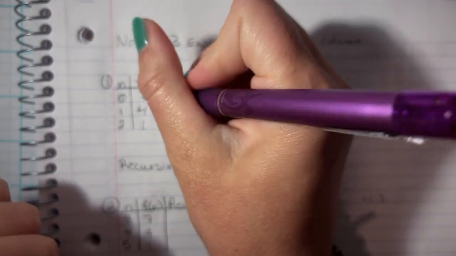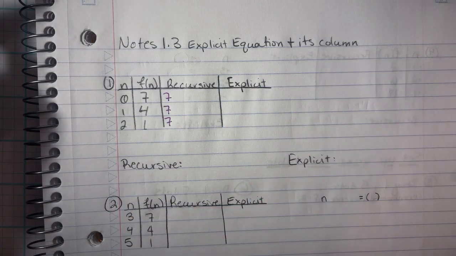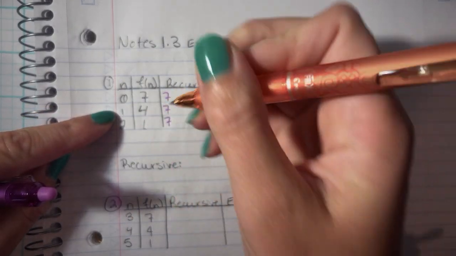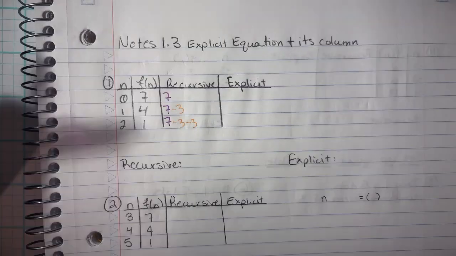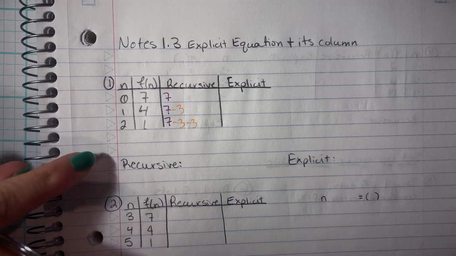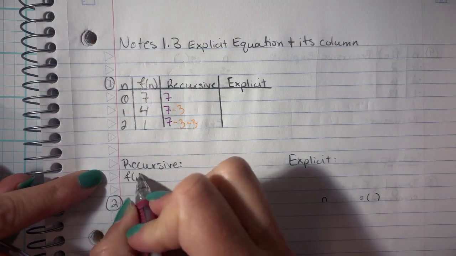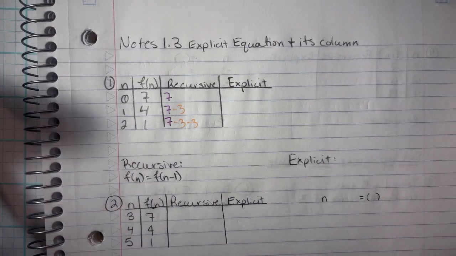So I see that we start with this 7, so I'm going to start with that 7 as we go down. And then I see that we go 7, 4, 1 in our dot column. So I am minusing 3 as I go. And what I'm going to do here is write my recursive equation, which always starts with f of n equals f of n minus 1.